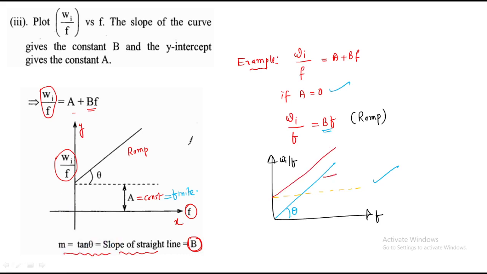So this is the graph if A is equal to 0, and this is the graph if A is a finite, constant value. Like this we are going to get the hysteresis and eddy current losses. Like this we have to separate the losses. Thank you.